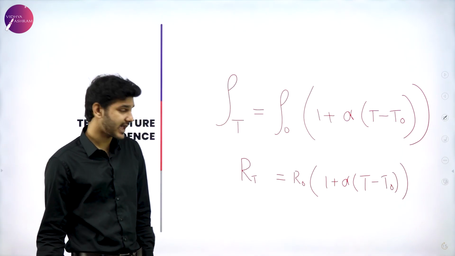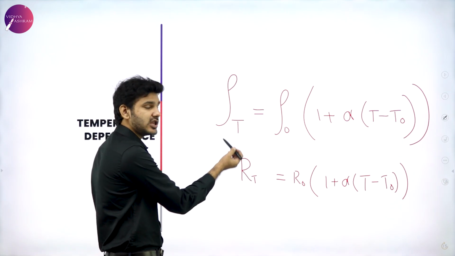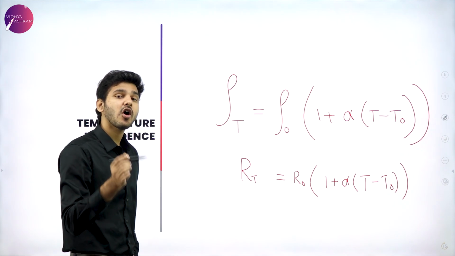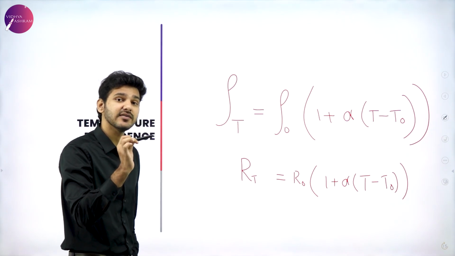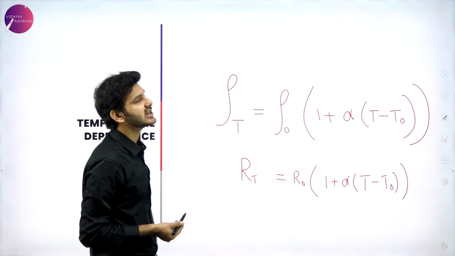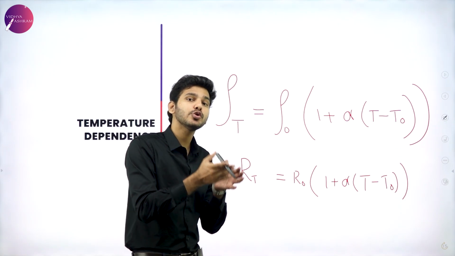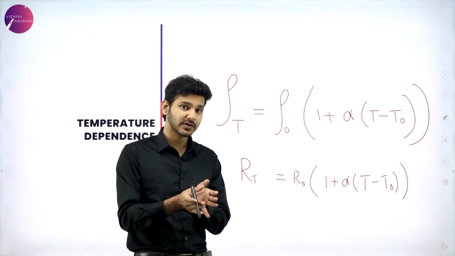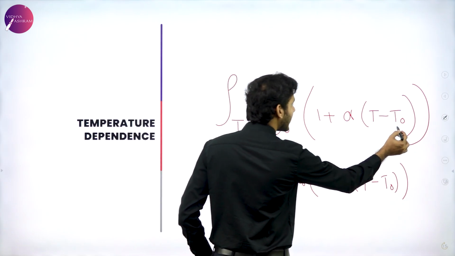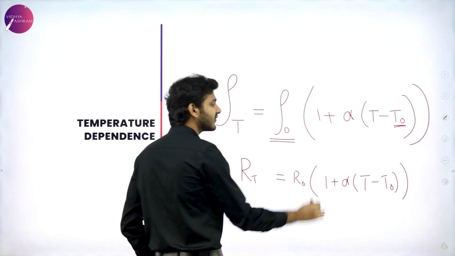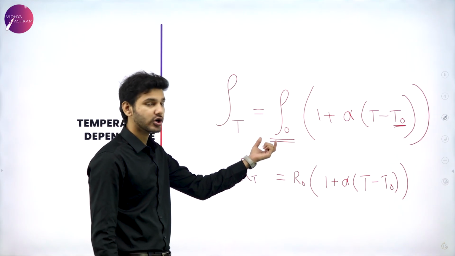So this states that rho T, or R of T, is nothing but the resistivity of a material at a given temperature. If initially, let's say, I have a light bulb at room temperature, that room temperature is the reference temperature, and the resistivity at the reference temperature is indicated by rho naught.